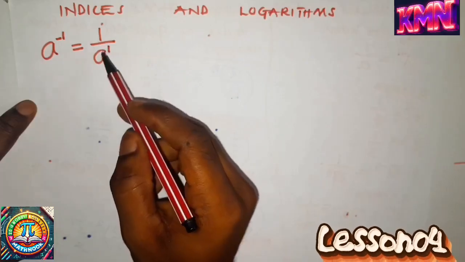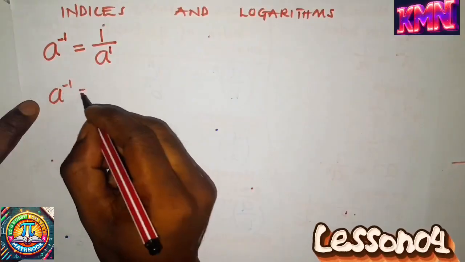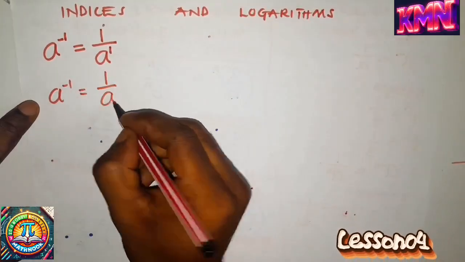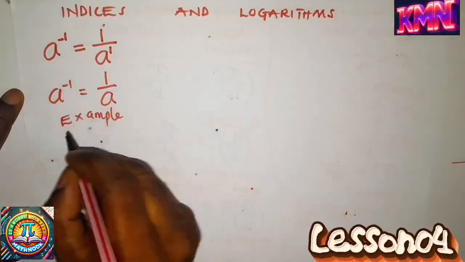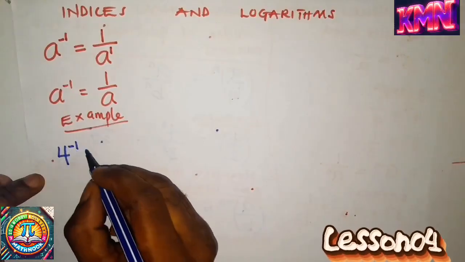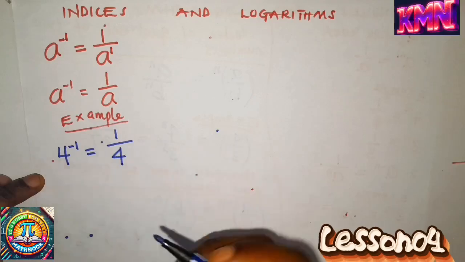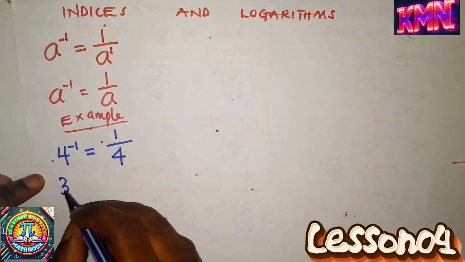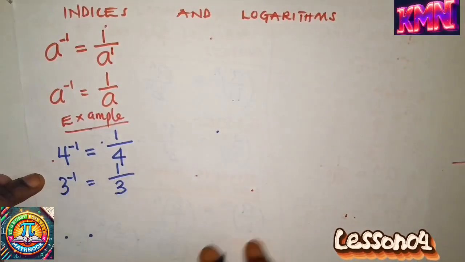And you know that a exponent 1 is the same as a, so this is 1 out of a. Example, if I am given a number, say 4 exponent -1, you can simply write it as 1 out of 4. Or 3 exponent -1 can also be written as 1 out of 3.